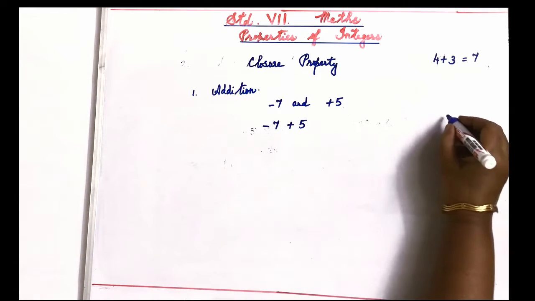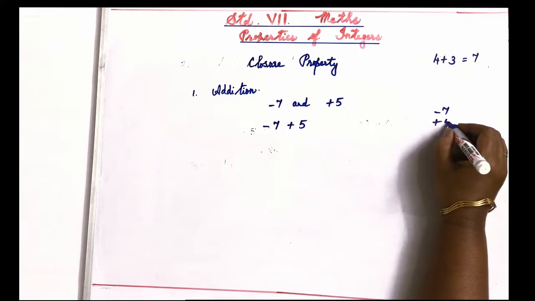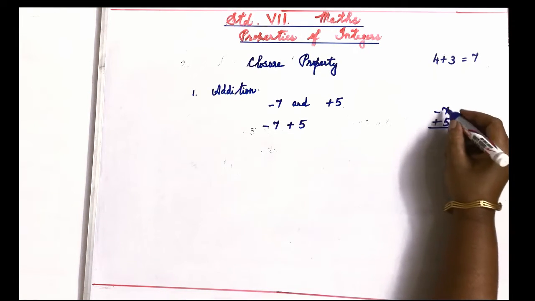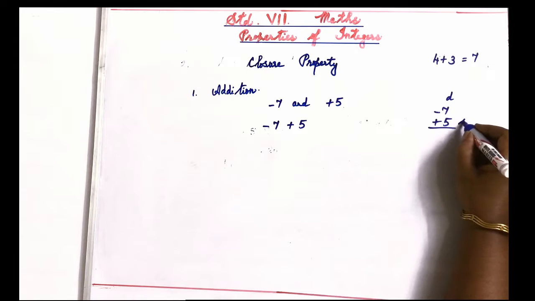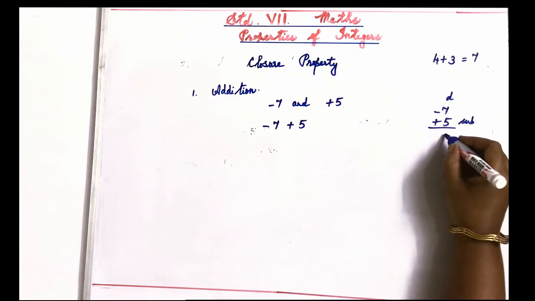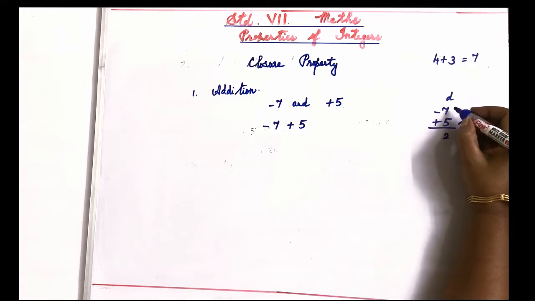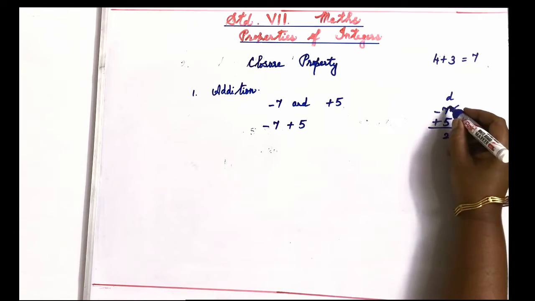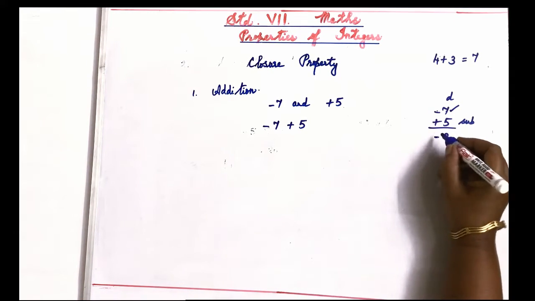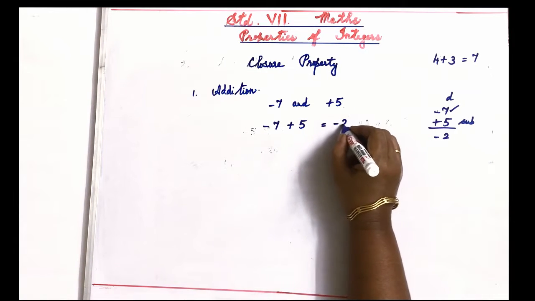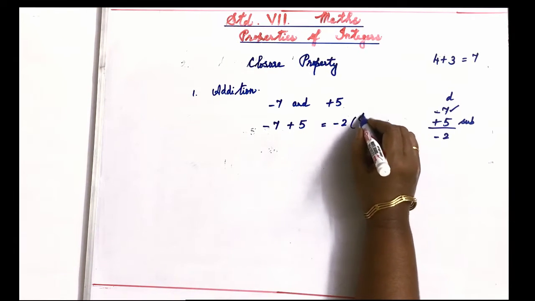Both are different signs. If there is a different sign, we have to subtract. 7 minus 5 is 2. After subtracting, we should write the sign of the greater number. So 7 is greater here, minus sign. So minus 2. So this is an integer.